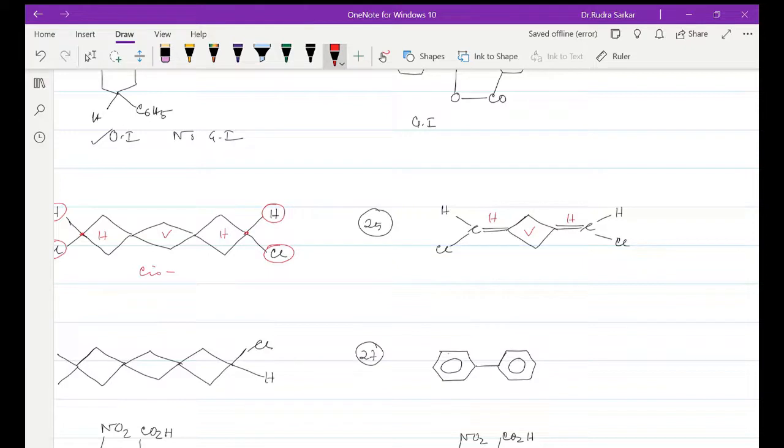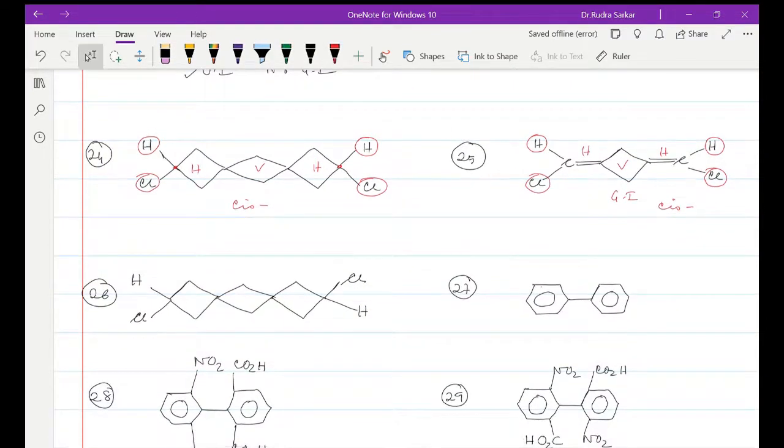So over here we will say horizontal, vertical, horizontal. This hydrogen and hydrogen connected to the carbon are lying on the same side, and these are also lying on the same side. So this molecule obviously again will be showing GI, and we will be calling this cis.